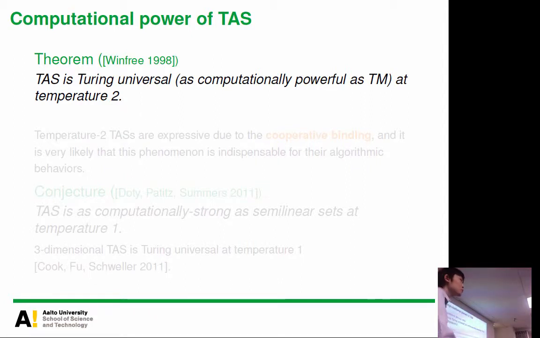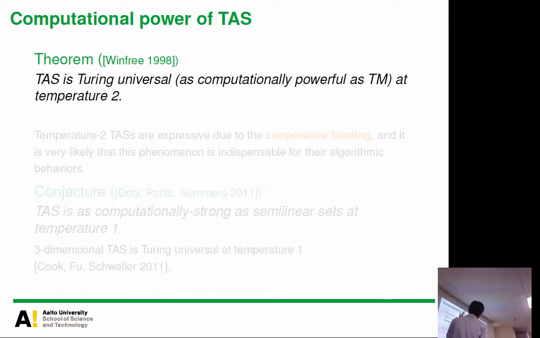Any questions up to here? Okay. So first, I want to talk about the computational power of tile assembly systems. What it can do is this. In his PhD thesis, he proves that the tile assembly system is Turing universal. So this means you can compute by these systems whatever is computable.